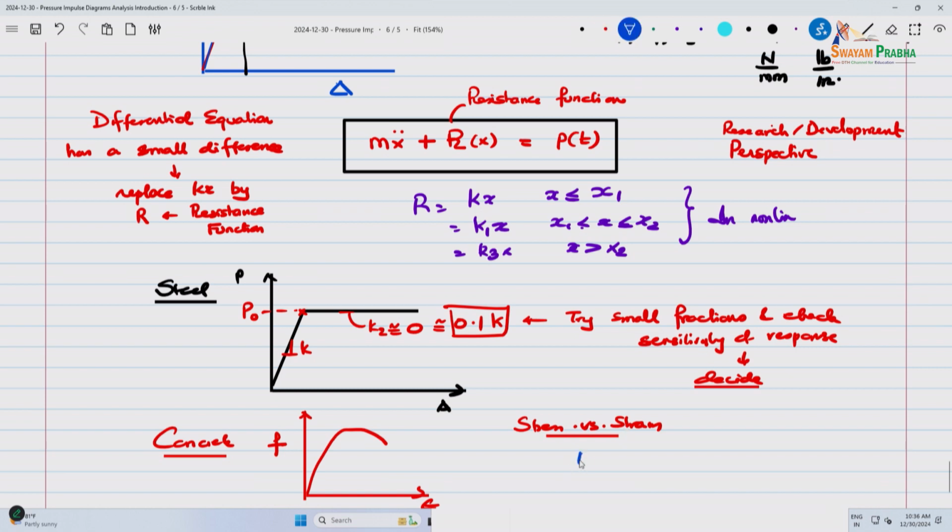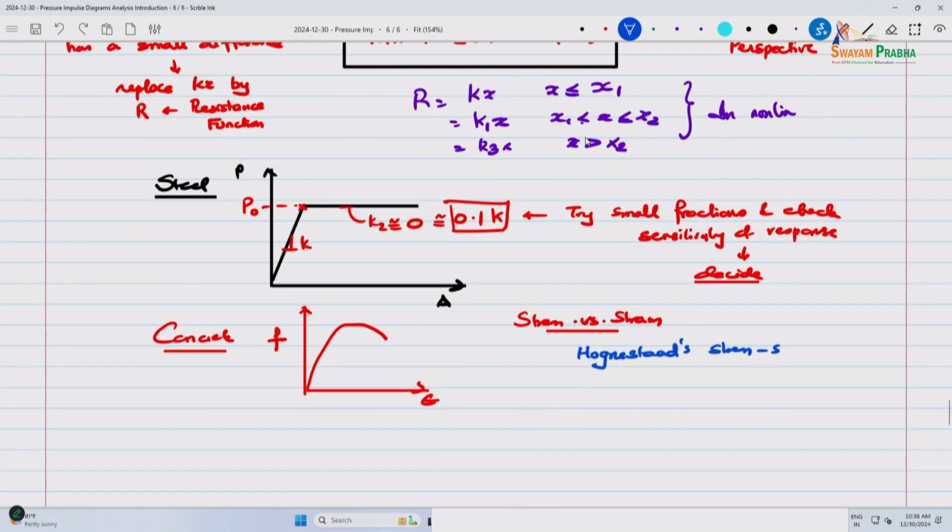A very commonly used one is the Hognestad's stress strain equation. Are you familiar with that? Some of you have not heard of it. It's basically an equational representation. Do you remember what it is, Kavi Rasu? Do you know the expression for that?